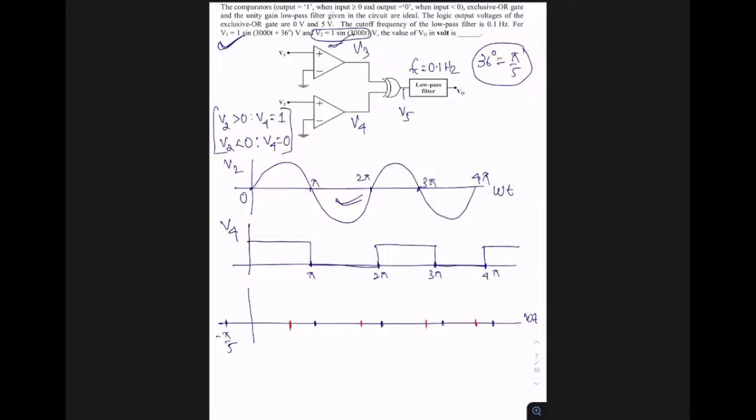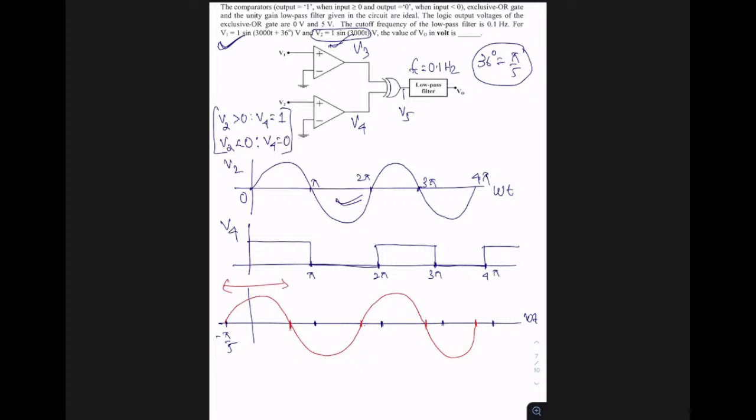So the positive cycle will be like this, negative cycle will be like this. Again, the positive cycle will be like this, and negative cycle will be like this. Yes or no? So this width is basically again your pi, right? This width is basically your pi.